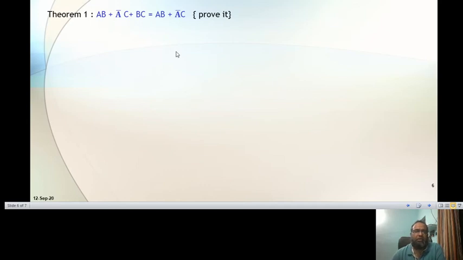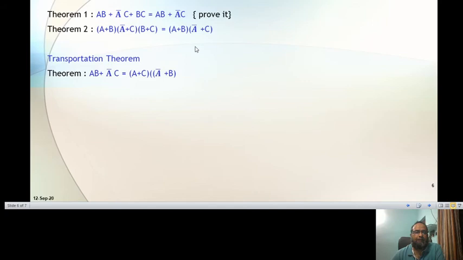Similarly, for the second form, one more term vanishes: A plus B into A bar plus C into B plus C is equal to A plus B into A bar plus C. Then the transposition theorem, an expansion of this: AB plus A bar C is equal to A plus C into A bar plus B.